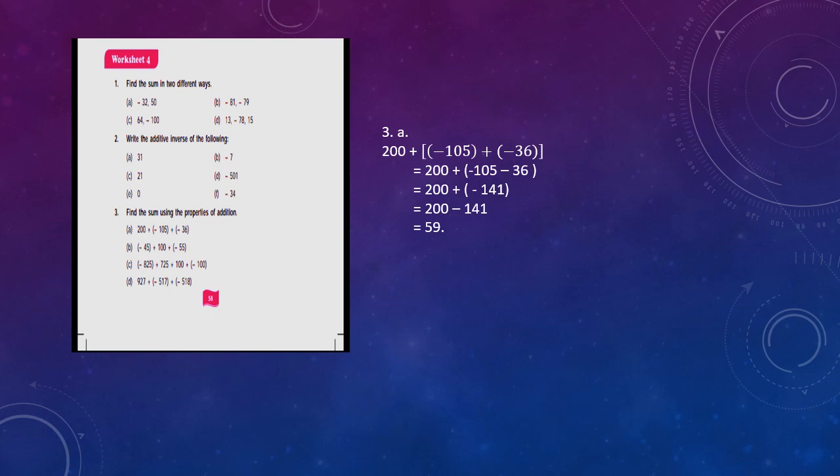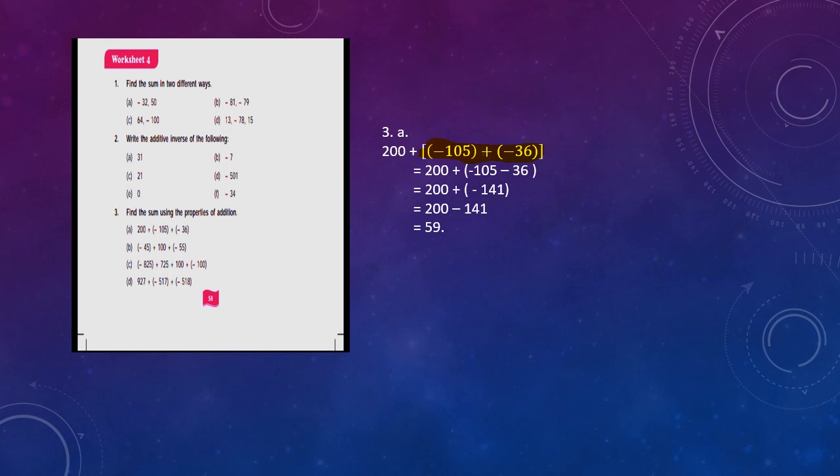200 plus minus 105 plus minus 36. In this process I have arranged both the negative terms together, and after solving them we will proceed to 200 to find the answer.